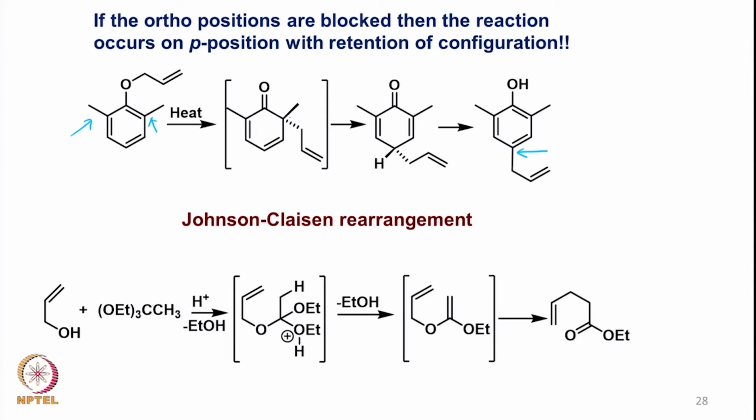One is of course the Claisen rearrangement, where we can say that now this is what is happening here, and then you generate a species like this.